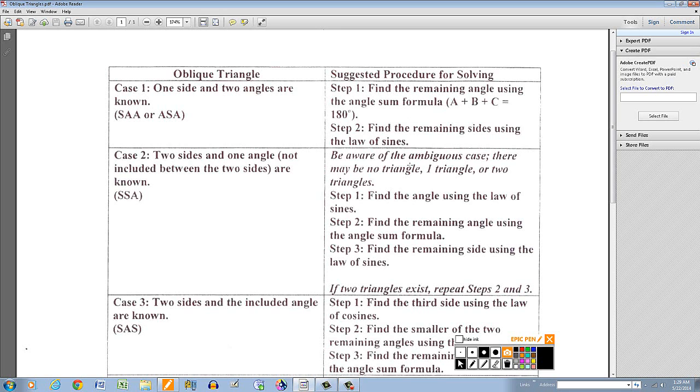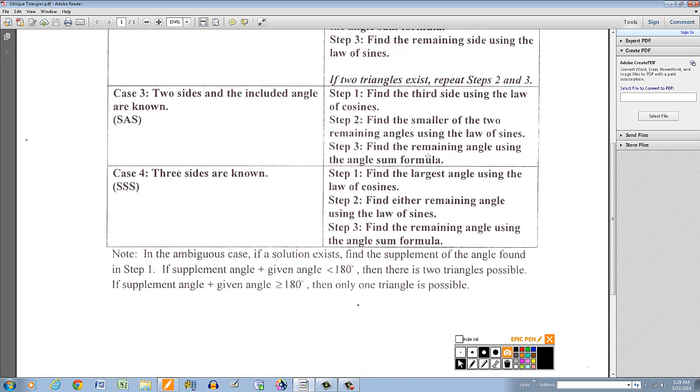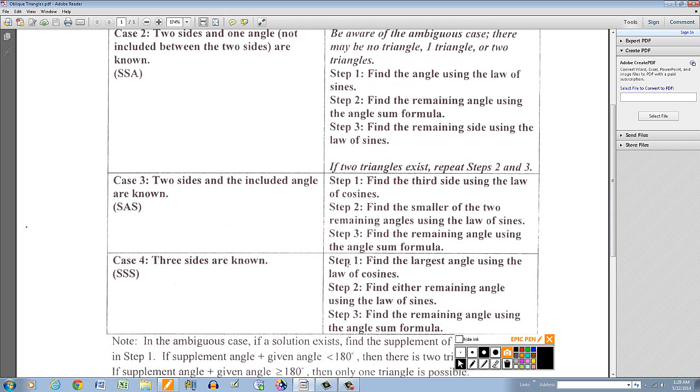Okay, so down at the bottom, here's a suggestion. In the ambiguous case, if a solution exists, find the supplement of the angle. Let's say on this one, you found the first angle using the law of sines, and let's say as an example you got 45 degrees. Then you find the supplement of that angle, which is 135.